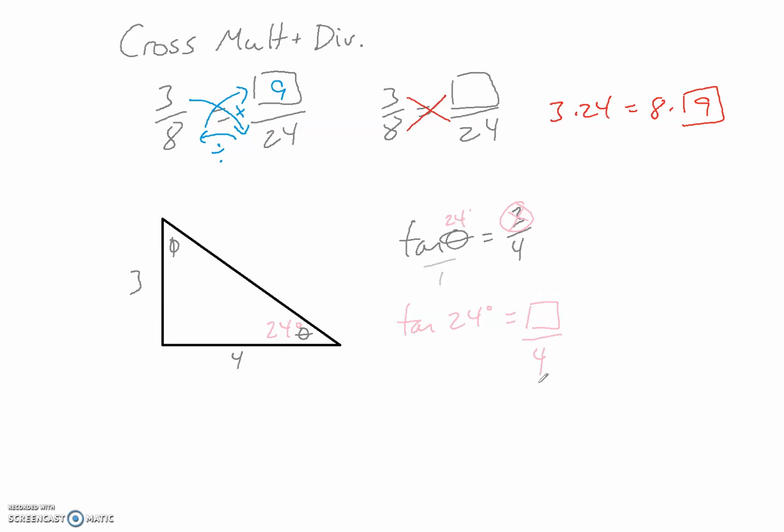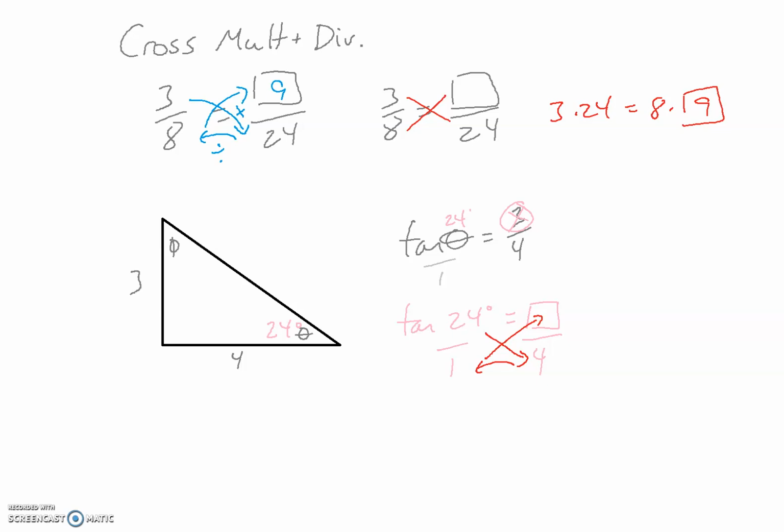Well, if you're not sure what to do, again, remember you can put that over 1. This is cross multiplying and dividing. So all you would do is find tan 24, find out what that number is, times it by this, divide it by 1, which really doesn't do anything, and that will give you this. It's cross multiplying. Okay?